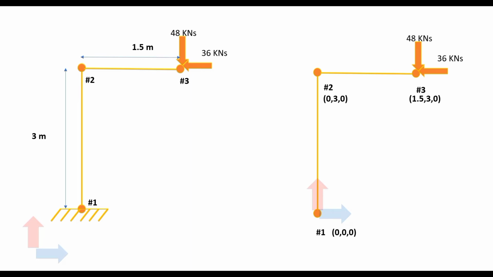And then we have to apply the loads at node number 3 in the respective directions. And finally, before the load case, you would need to also model the support at node number 1 for the fixed condition. Now, we will quickly see how we can model this in STAAD.Pro.